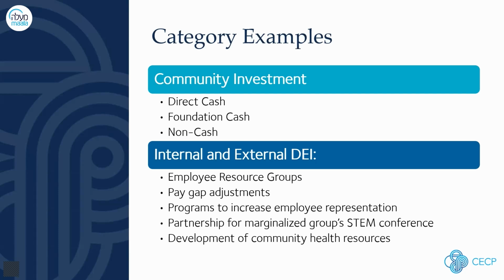If you enter into a partnership with an organization that hosts a conference meant to get all kinds of people into STEM or whatever your industry of interest is. Or if your company works towards health equity, for example, and develops community health resources to reflect that. And again, the internal affects employees, boards, investors, supply chain, while the external affects the larger community.